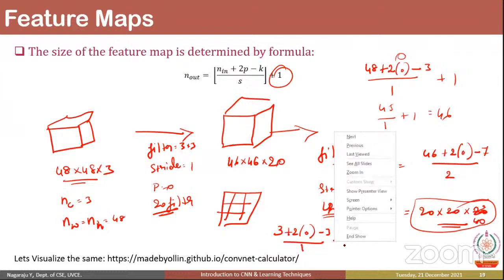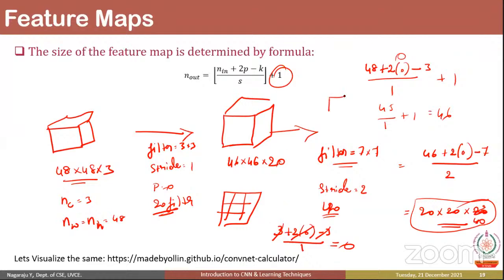It is going to give the value 0, because this one is gone. But as I told, if the input image and kernel size are the same, then we are going to get a 1 × 1 image output. That's why we have 1 here. So if the filter size and the image size are the same, at least 1 should be there. That's why we have 1.